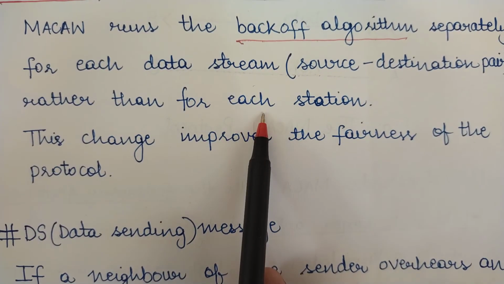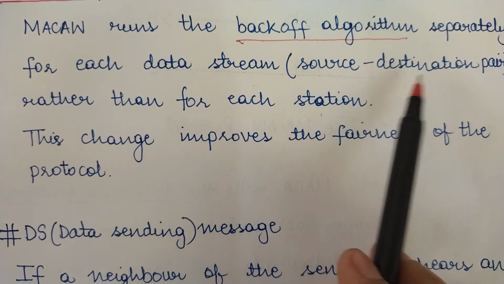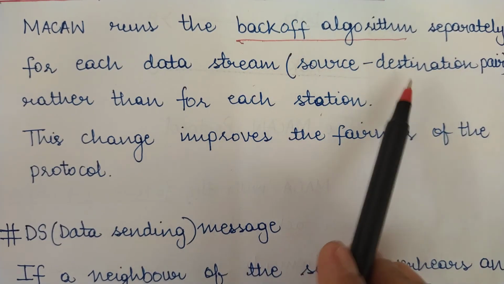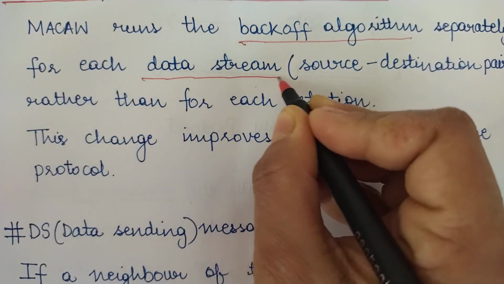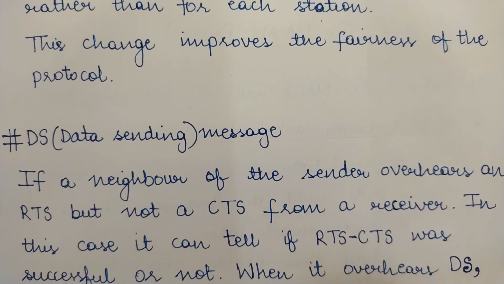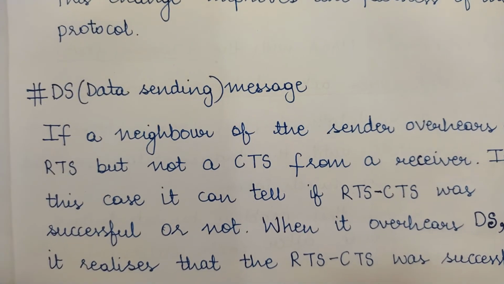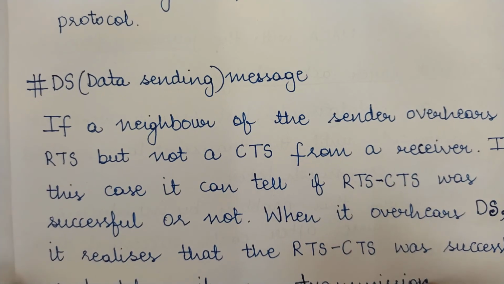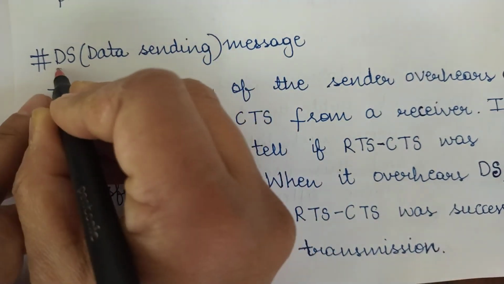So this change improves the fairness of the protocol, because both the stations are waiting for an equal random amount of time. Now next is the DS.